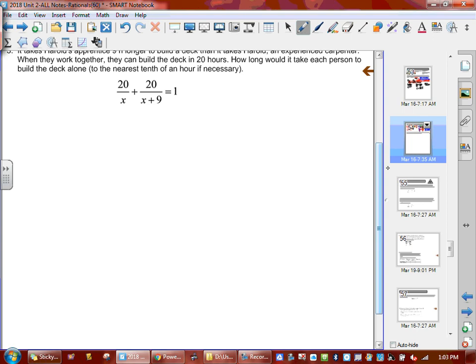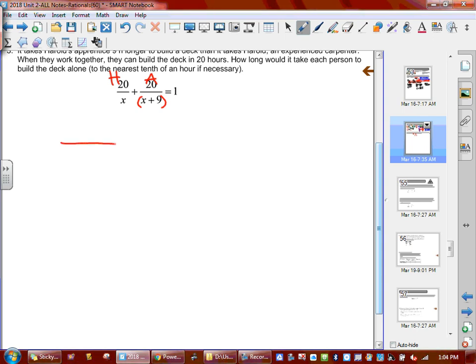All right, so we have Harold and we have his apprentice. Okay, because his apprentice takes longer, so he's the plus 9. So now we're going to find a common denominator. Here we've got a binomial, and here we have a monomial. They are different, so we need both of them. So that means we need the x and the x plus 9.